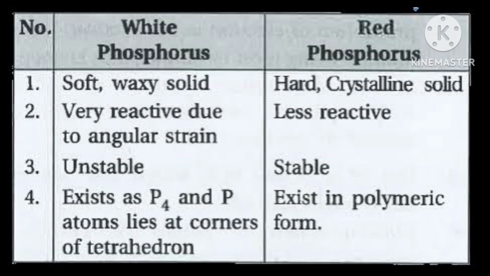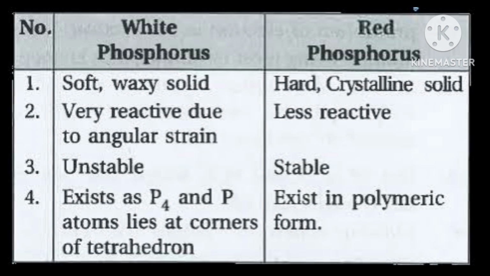White phosphorus. It is a translucent, white waxy solid. It is poisonous, insoluble in water, but soluble in carbon disulfide, and glows in the dark.